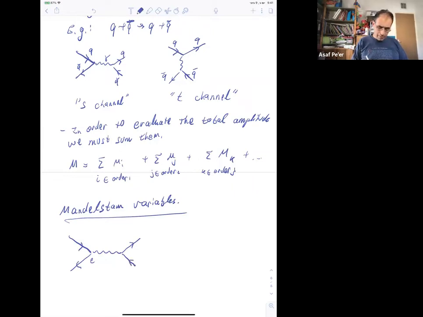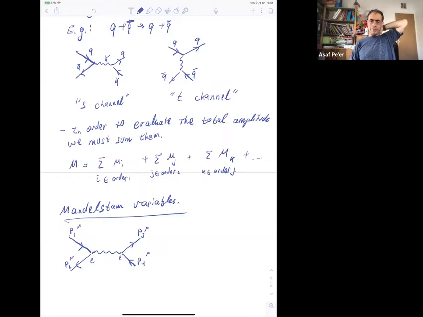Right, so let's look at the momenta. The four momenta of the external legs are normally denoted with P. So that'll be P1 mu, and this will be P2 mu. And then this will be P3 mu and P4 mu, right? And we said that for the internal lines we have conservation of momentum in each vertex.